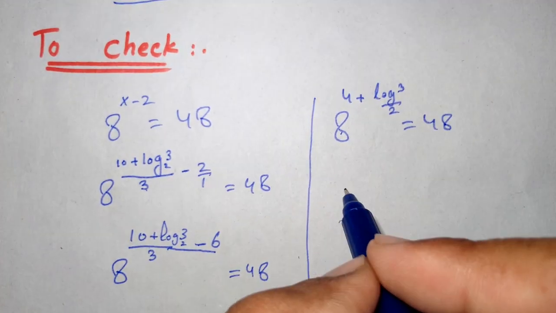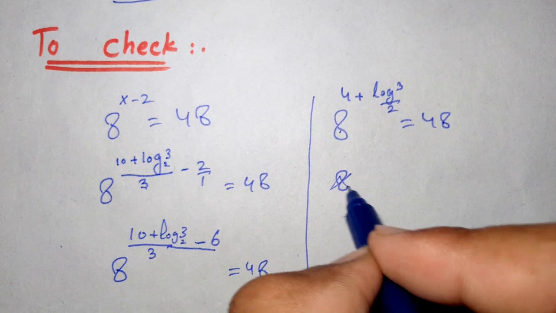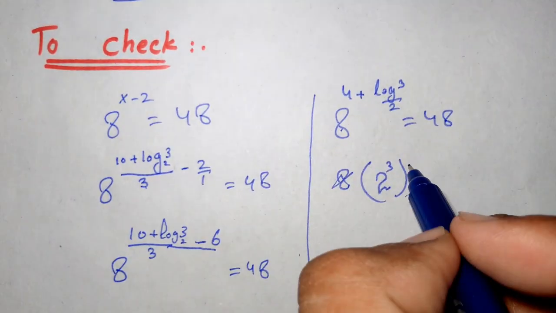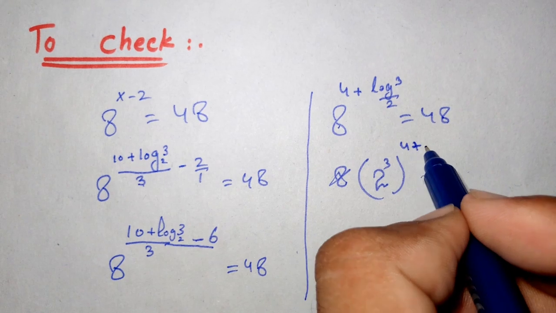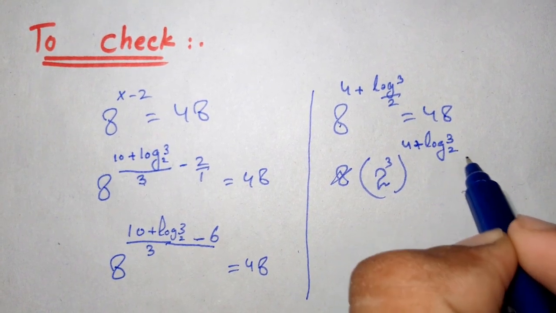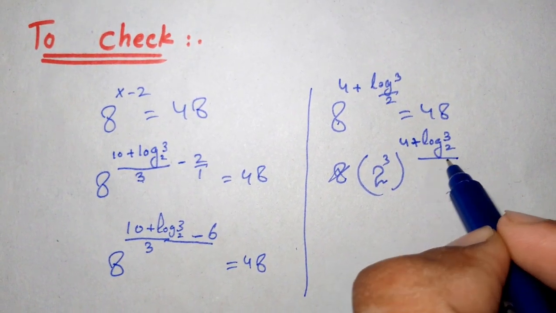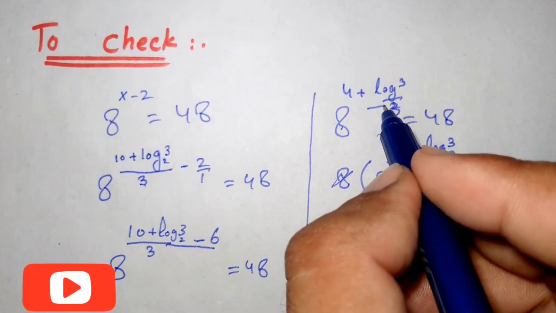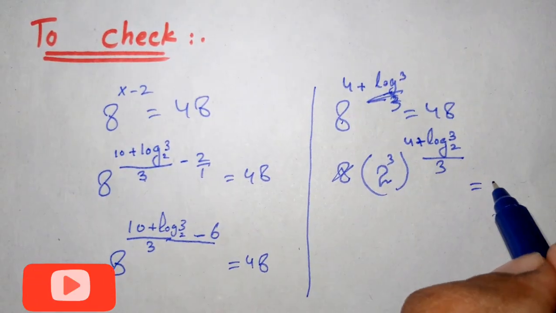Now this 8 can be written as 2 to the power of 3, to the whole power of this (4 plus log of 3 to the base 2) divided by this 3, is equal to 48.